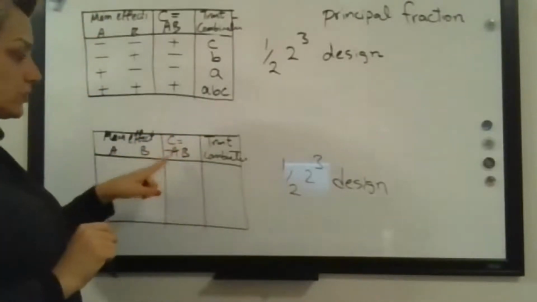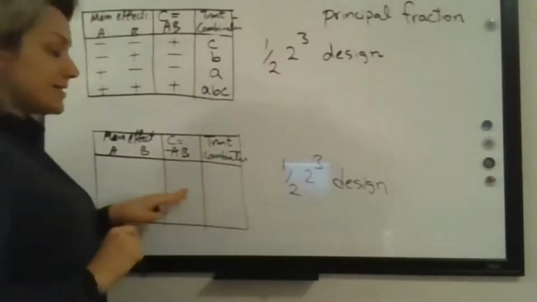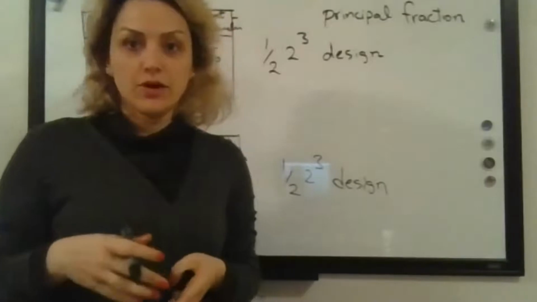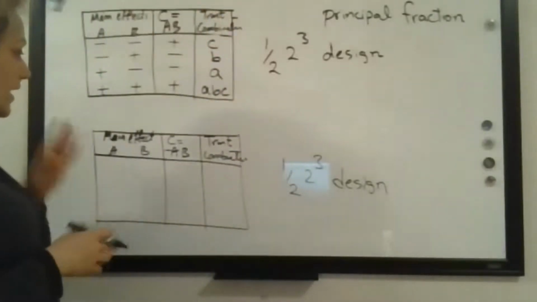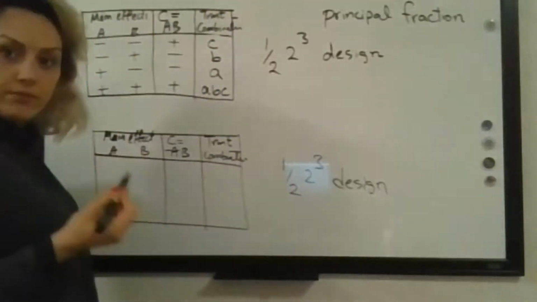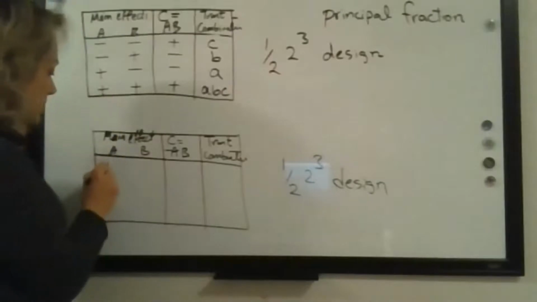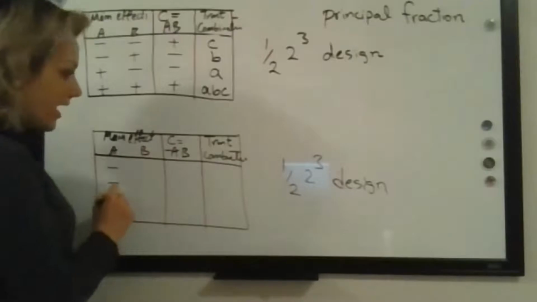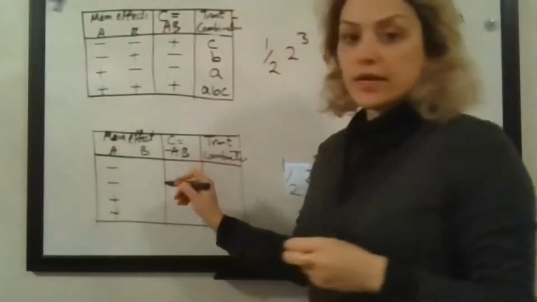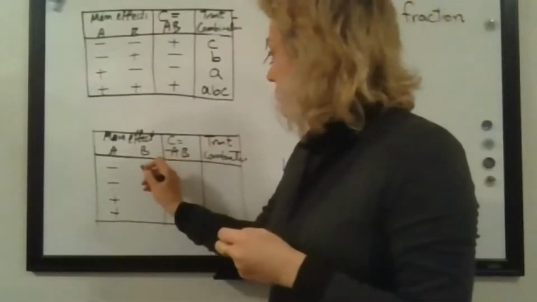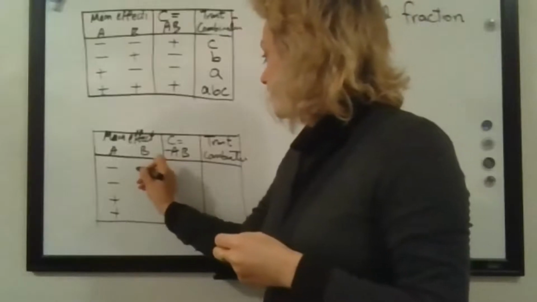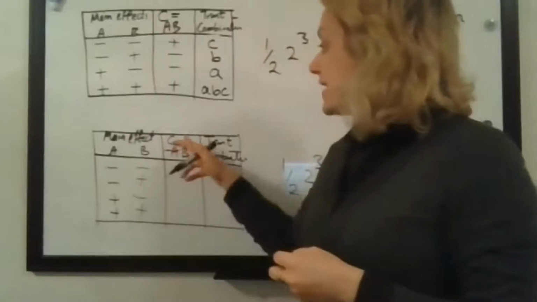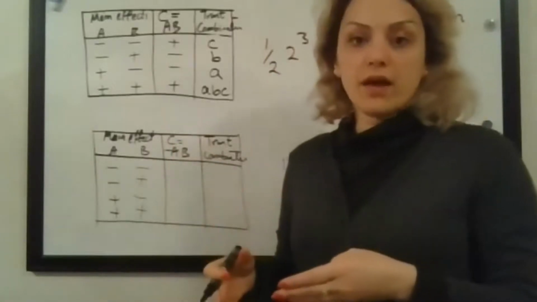This is the third table on page 13 of your notes. Again, I'm going to put the same signs, negative, negative, positive, positive. And for this one, I would write negative, positive, negative, positive, right? And C is equal to minus AB.